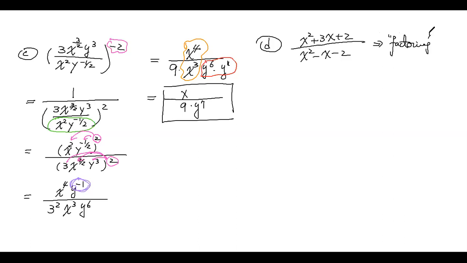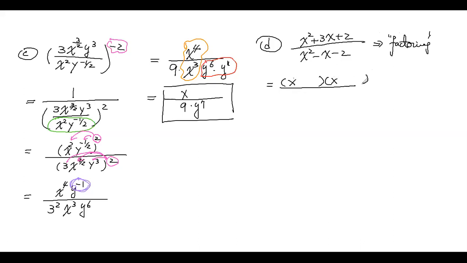I don't know how your high school teacher taught you about factoring, and I assume we all know how to factor because this is a very basic skill. So basically, we break it into two factors. This is x, so x times x is x squared.